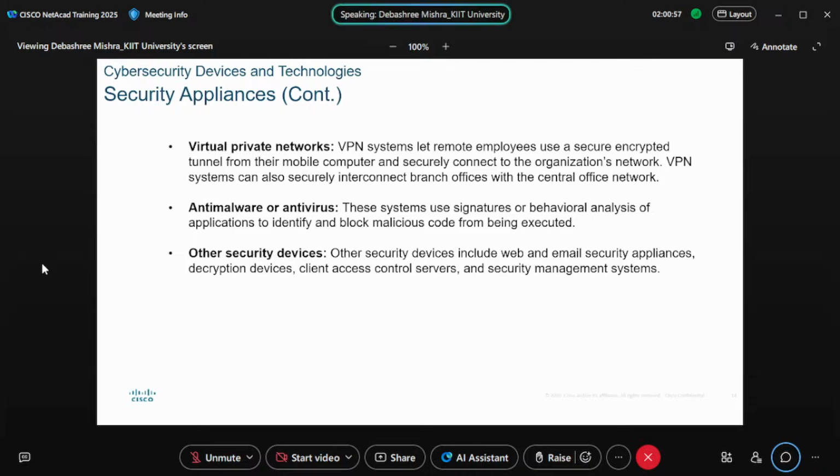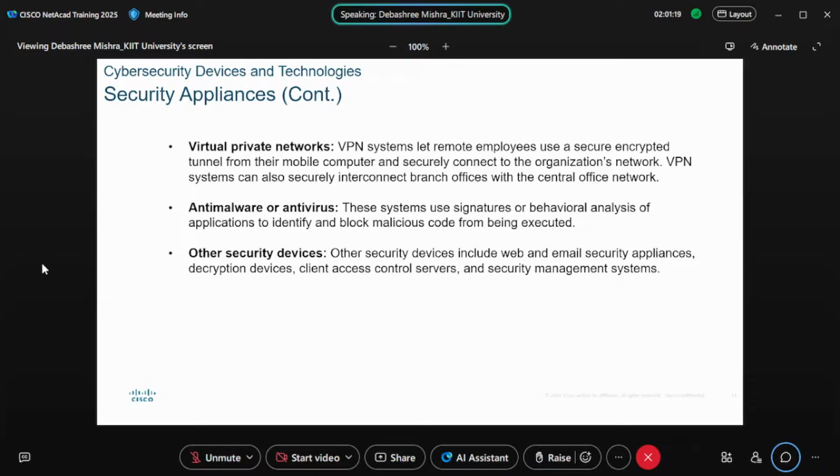The next is anti-malware or antivirus. These are basically system signatures, or we can say behavior, which analyze the application to identify, or we can say to block, malicious code and malicious activity from being executed. Now next is your other security devices.